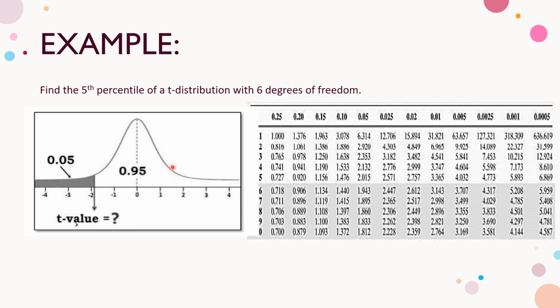If you focus on the positive, this is still 0.05 to the right, and so that is 1.943. But since we are talking about the left tail of our distribution, we get the negative. So the 5th percentile of the t-distribution is negative 1.943.